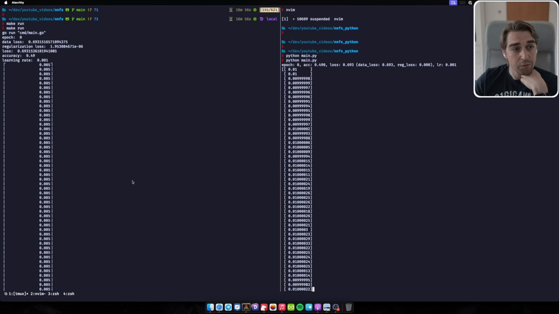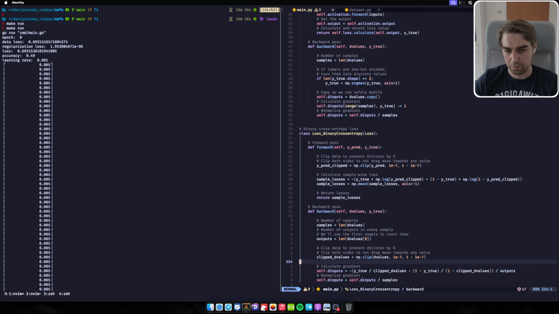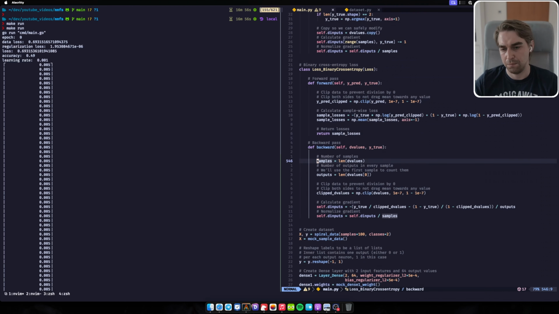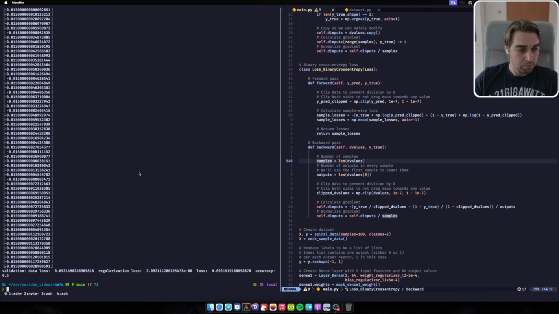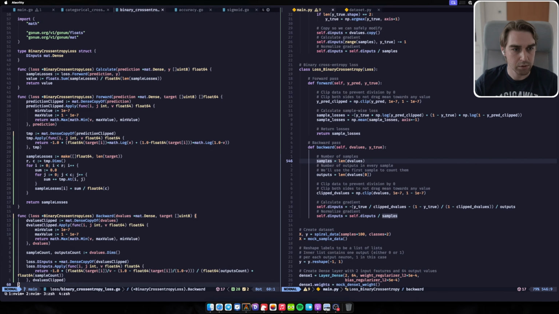They are very different. They are very different. Okay, loss function backward. Loss function binary cross-entropy loss backward.